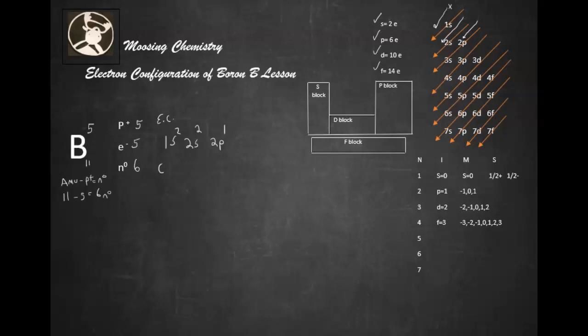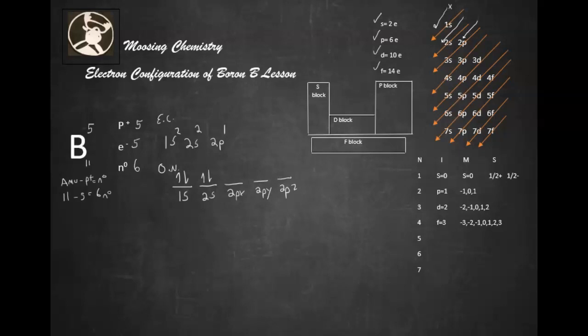What about our orbital notation, or Hund's rule? Okay, remember that S can hold only one subshell. So you're going to have 2 electrons in that. So up arrow, down arrow. 2s, up arrow, down arrow. Now we're going to go 2px, 2py, and 2pz.